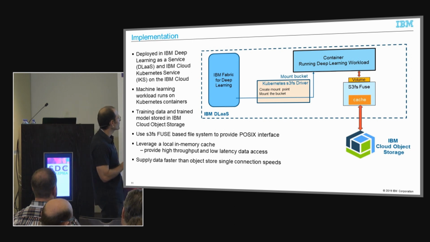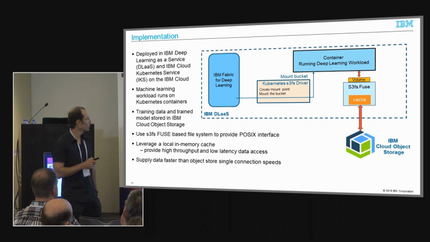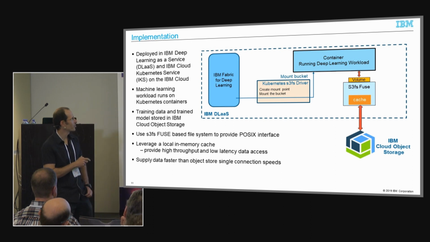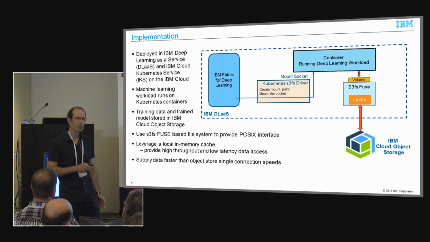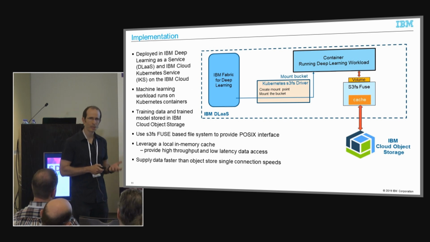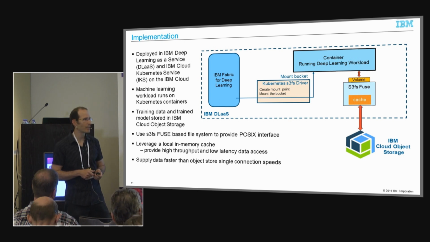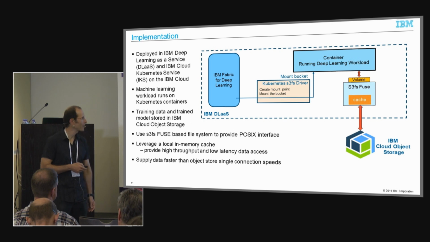And what we implemented there is machine learning workloads running on Kubernetes containers. So that's what you're seeing in the blue box on the top. The container is running the workload itself. For each workload, for each Kubernetes container, we bring up an instance of S3FS, which then mounts the training data and the location for the results from the object storage into the local cache.